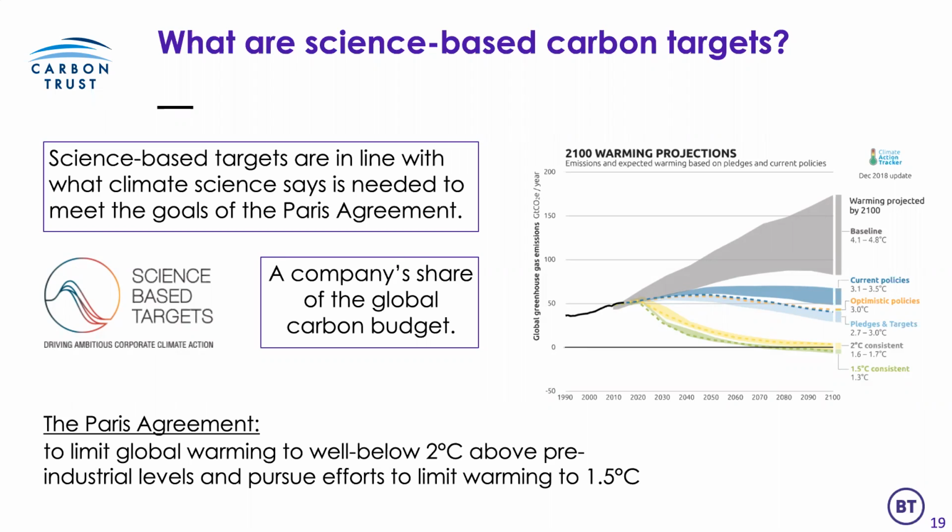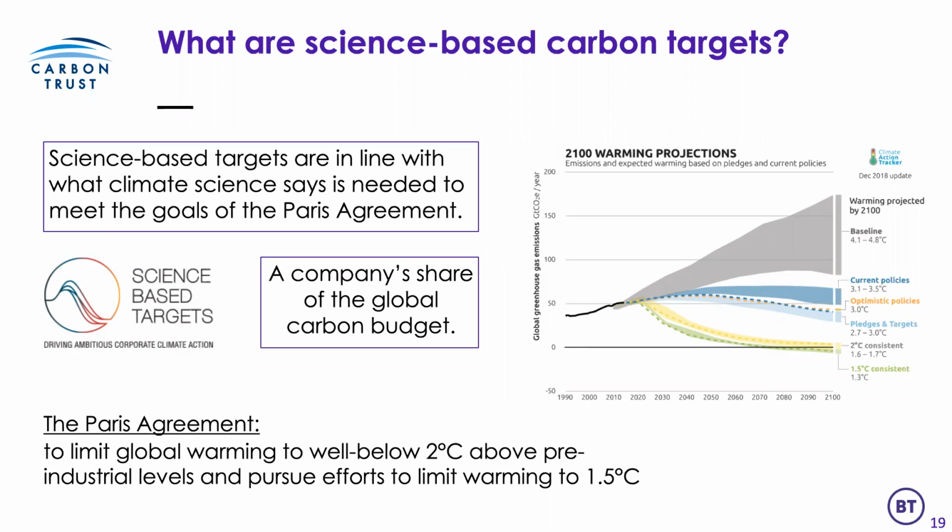If we don't take any action, if we just carry on as we are, emissions will continue to rise, and we'll end up with a world which is about 5 degrees warmer than it was before pre-industrial eras. Then the next plume, the blue colour, is what current policies are projecting. That's what countries have already committed to in terms of their current policies, and that's still giving us about 3.3 degrees of global warming.